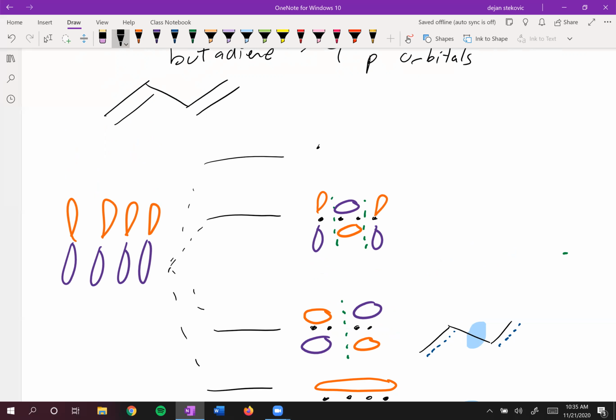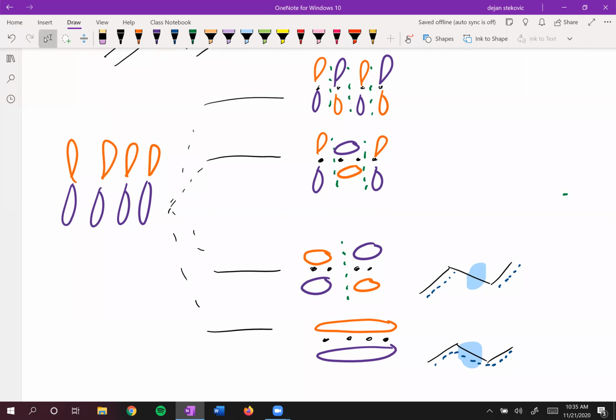And then finally, for this 4th one, we'll have 3 nodes. And so none of these will bond with one another. And then we have 4 p orbitals here mixing, so we've got 4 electrons, and they'll fill out these lower 2 levels, right? And so you can see by mixing, the 4 electrons have gone down in energy.